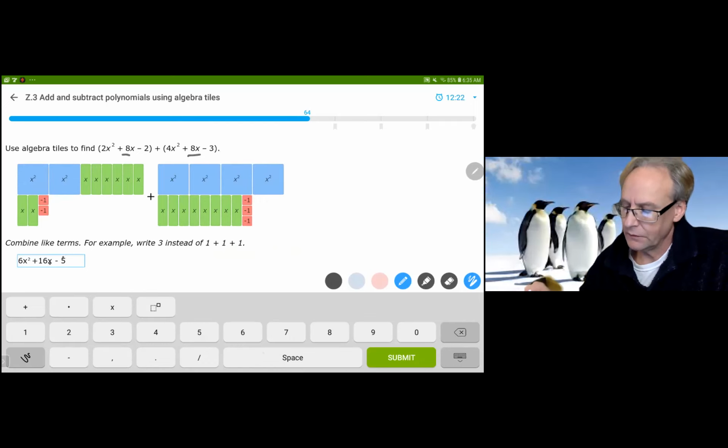I could distribute, and this expression is negative 9x plus 8 plus x minus 7. And this negative 9x plus x gives me negative 8x, and 8 minus 7 is plus 1.